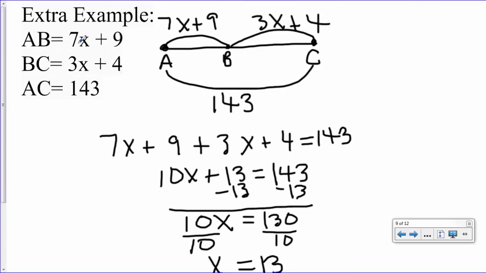Next, we can go back and do the math. Put in 13 for x into both of our lengths that we need to find.